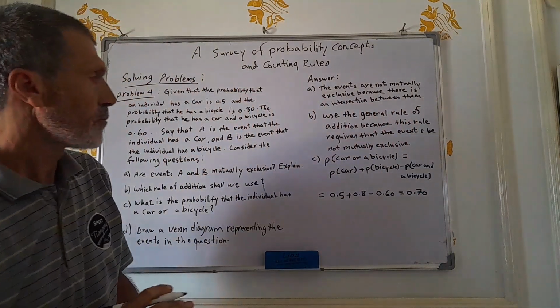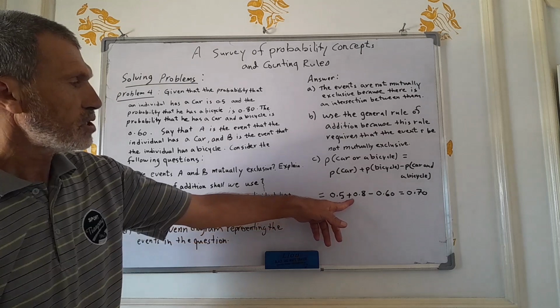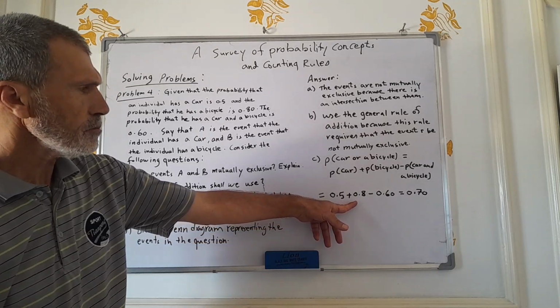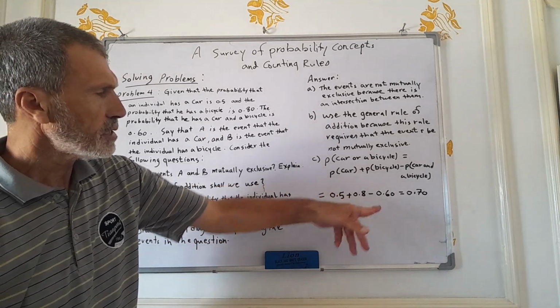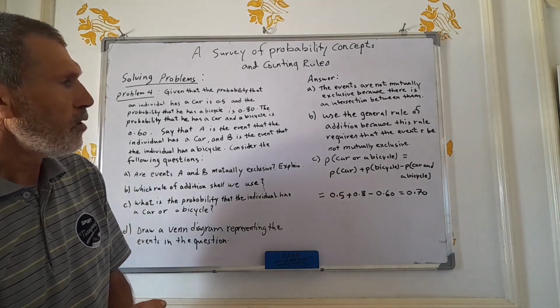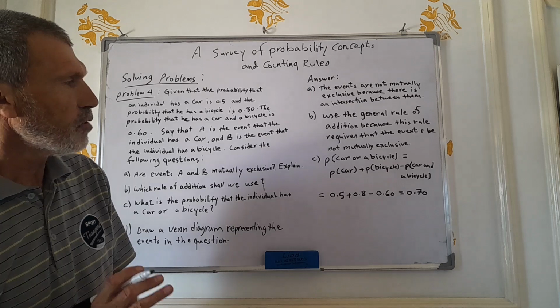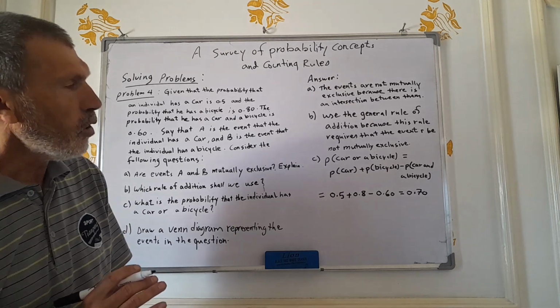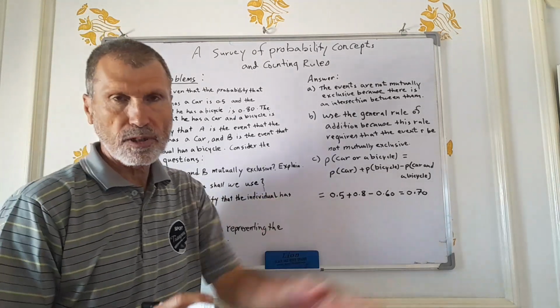Okay? 0.5 plus 0.8 minus 0.60, of course, 0.70. So the probability of the individual having a car or a bicycle is equal to 0.70.